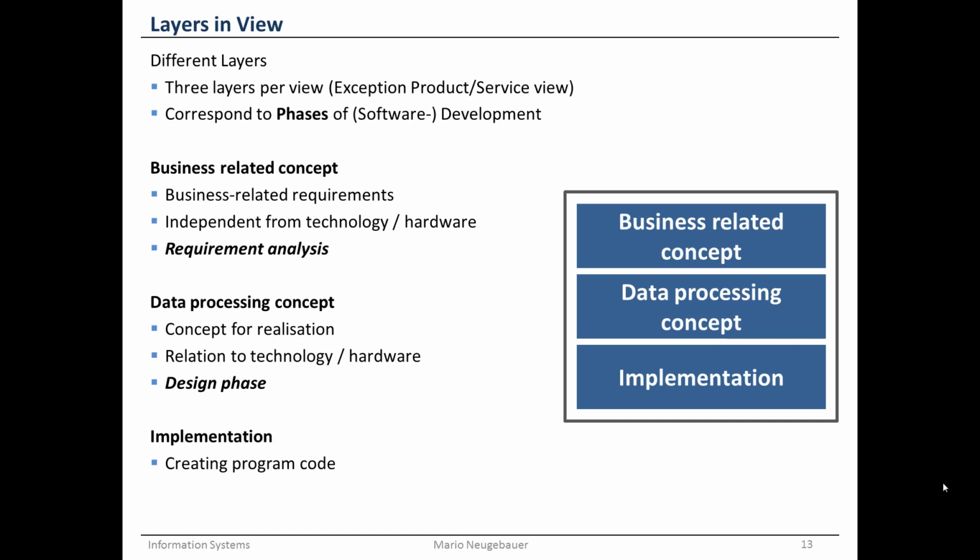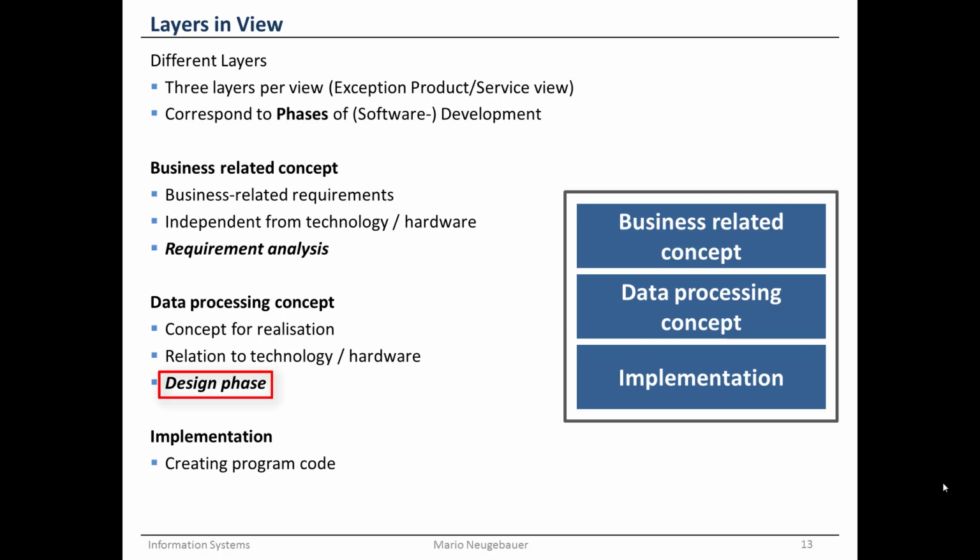You think about the relation to data, maybe also. And you think about the relation to the technology, to the hardware, such that you finally can then perform the implementation. But first, this data processing concept can be understood as the design phase.